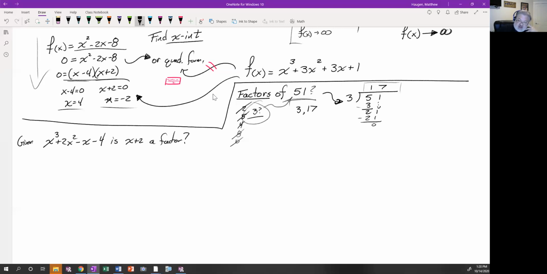We're going to divide them. And frankly, we're going to divide them in almost exactly the same way we divided the 3 into the 51. We're going to take the x plus 2 and divide it into the x to the third plus 2x squared minus x minus 4.